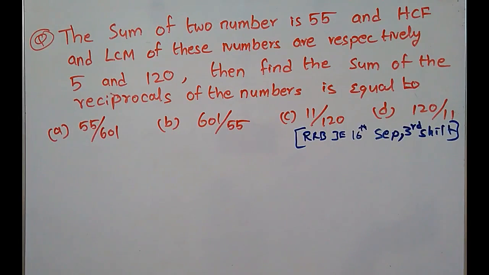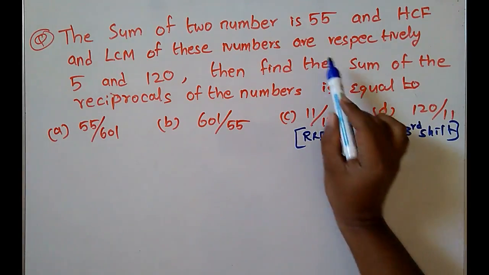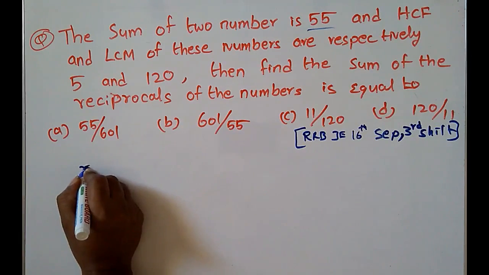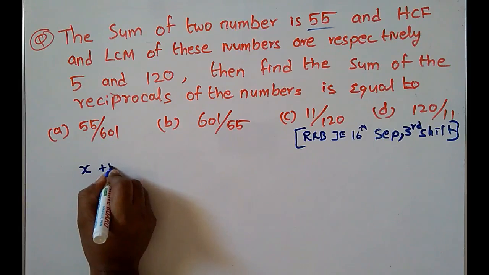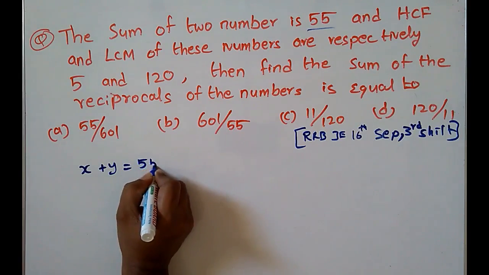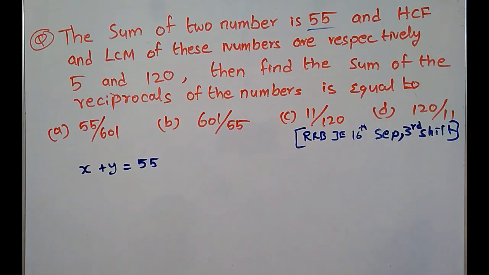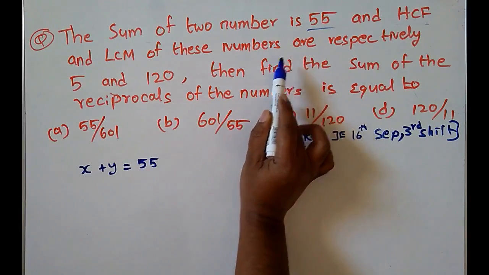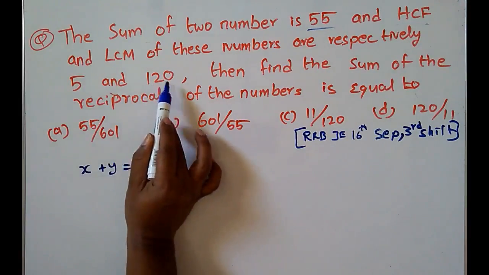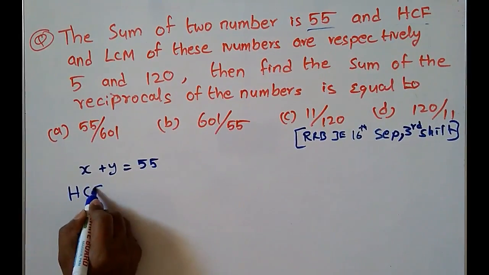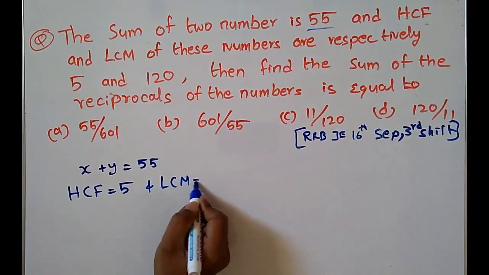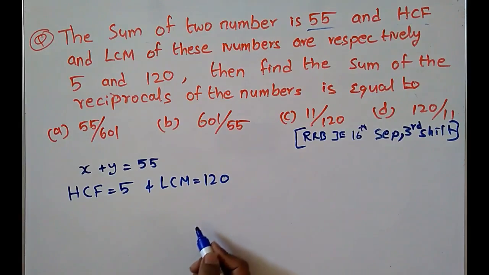This is one of the tricky questions. Here the sum of two numbers is 55. Suppose x and y are the two numbers, and x plus y is given as 55. The HCF and LCM of these numbers are respectively 5 and 120. So the given HCF is equal to 5 and LCM is equal to 120.